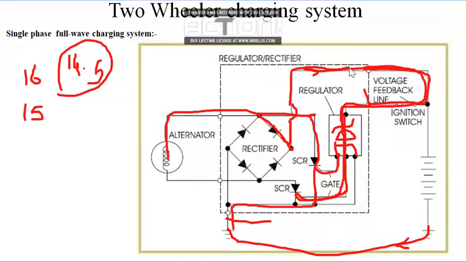So current flows this way and gets earthed over here, so through this SCR it also gets earthed, and through the battery also it gets earthed. In that way the voltage across this point and this point remains 14.5, which is the rated voltage or the Zener voltage of the Zener diode.